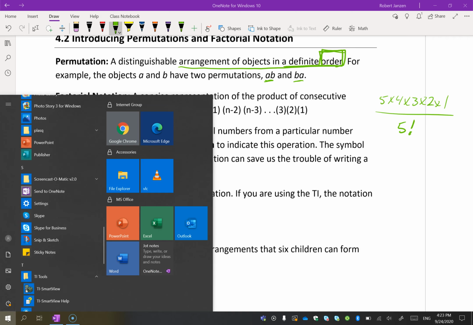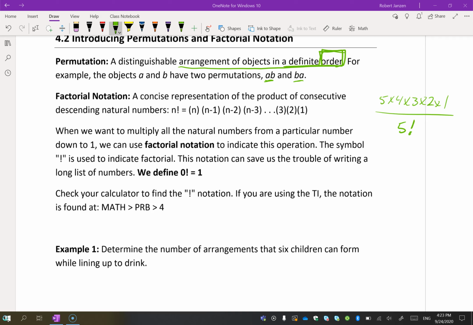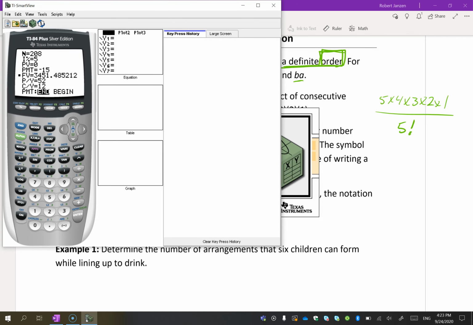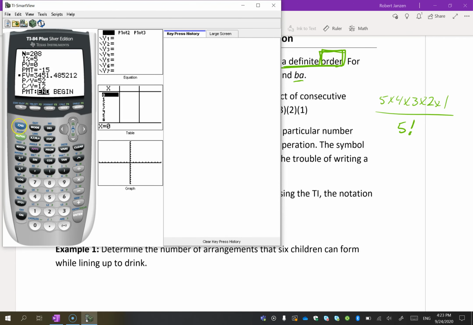If you get your calculator out, this is how you find the factorial notation. Let's clear the screen, and then you're going to see the math button, and you get this display.